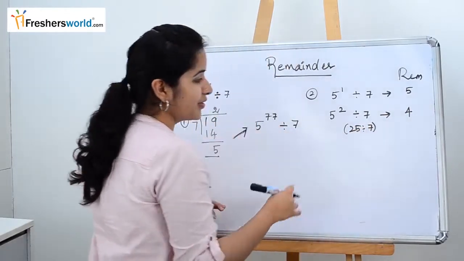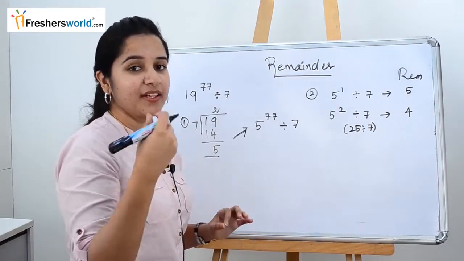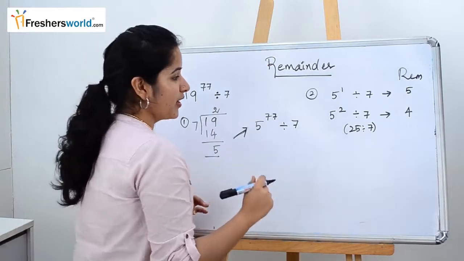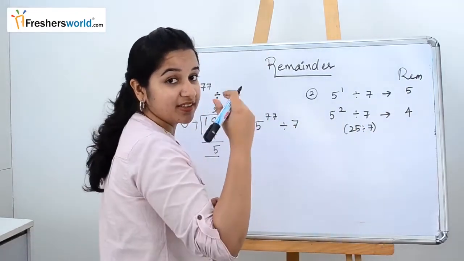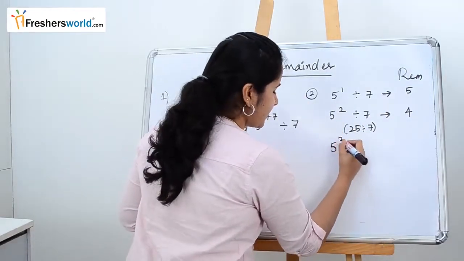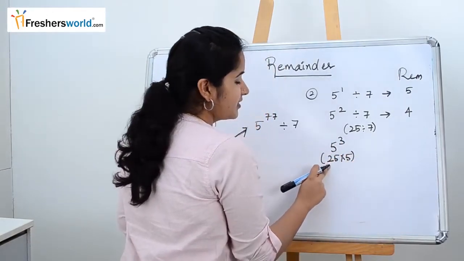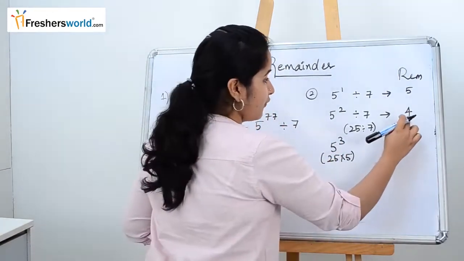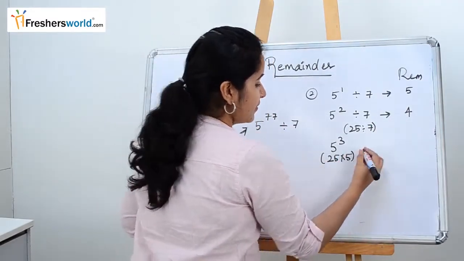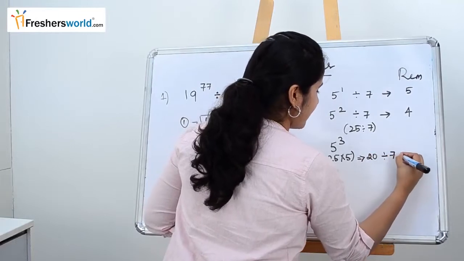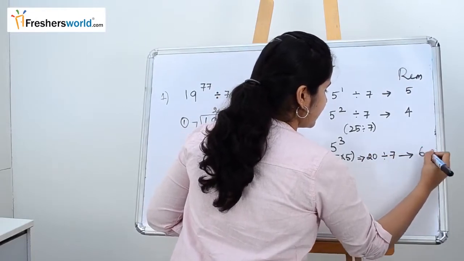For the next steps, you don't have to take 125 divided by 7 for 5 power 3. Instead, multiply by the extra power. 5 power 3 is 25 into 5, so the remainder is the same as 4 into 5, which is 20. 20 divided by 7 gives the remainder 6.